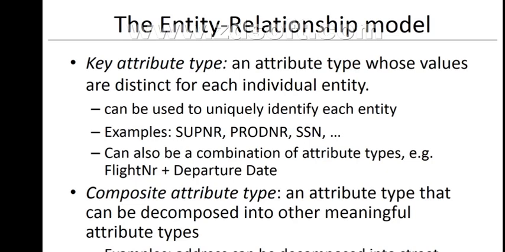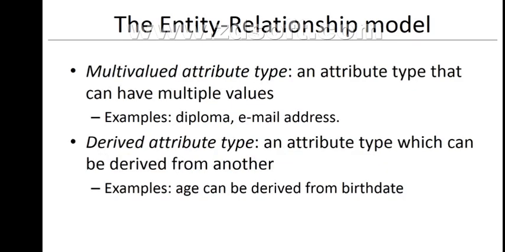A composite attribute type is an attribute type that can be decomposed into other meaningful attribute types. Think about an address attribute type, which can be further decomposed into attribute types for street, number, zip code, city, and country. A multivalued attribute type is an attribute type that can have multiple values.